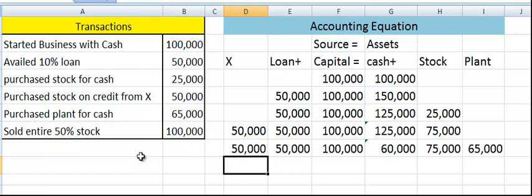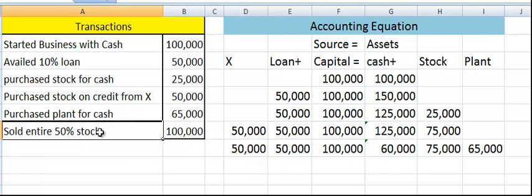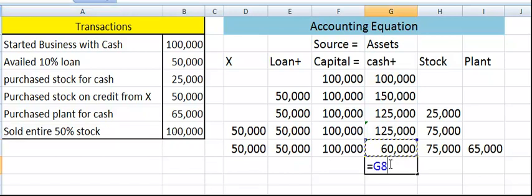Okay, now you're doing some operating decision. You're going to sell 50% of this stock for 100,000. So that means your cash is going to increase by 100,000. I'm assuming that it is for cash.